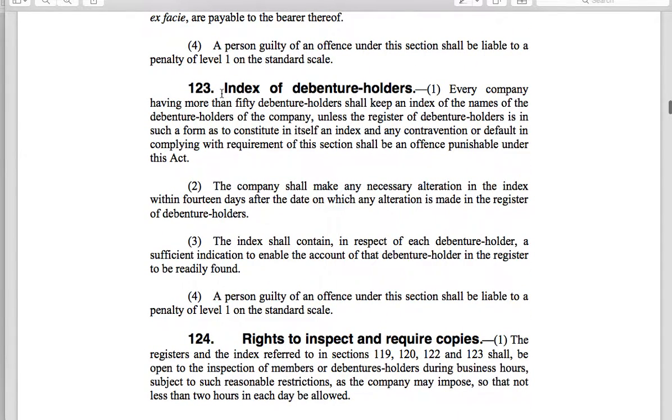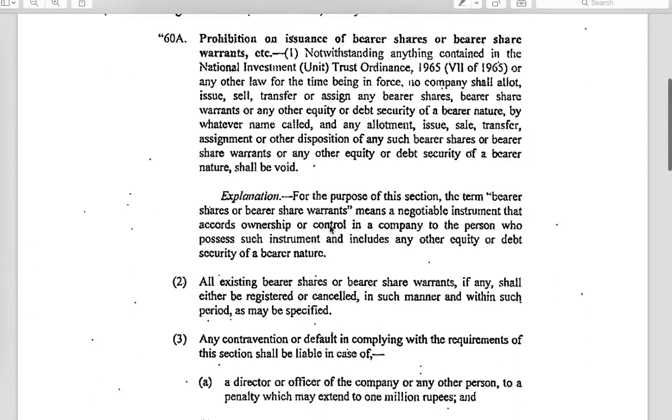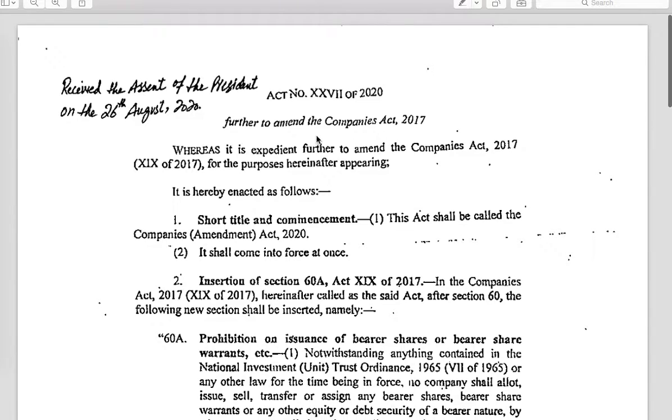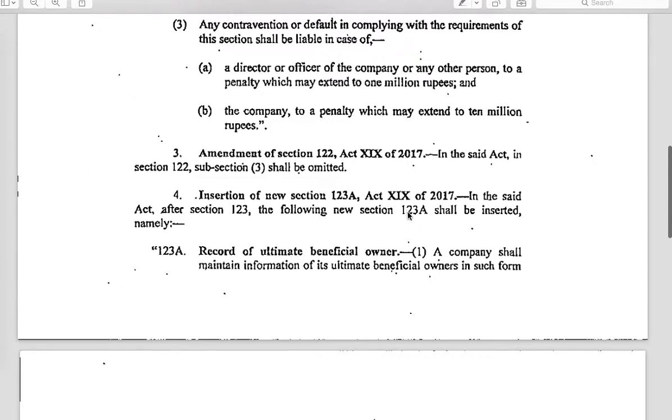After 123, another section has been added, and it is of much importance, because according to this amendment on 26th August 2020, section 123A has been recorded.